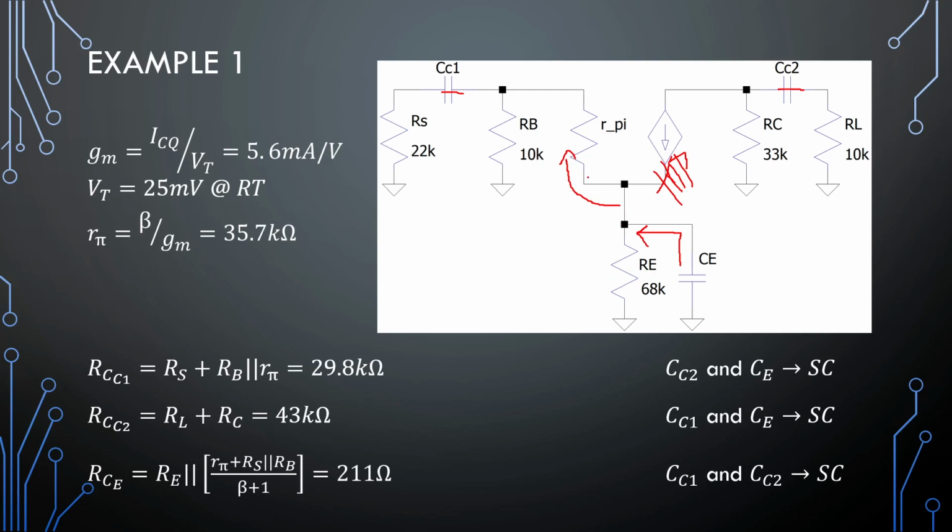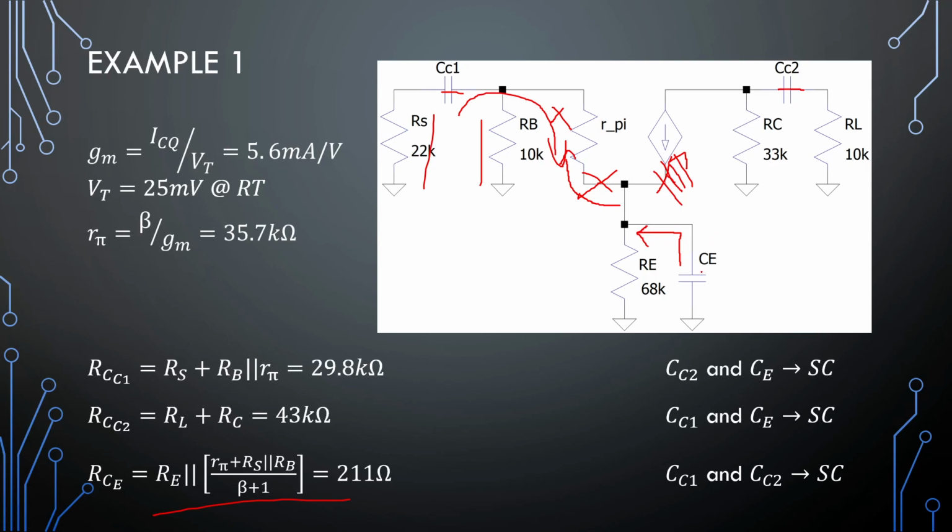And then on this side, continuing, it sees RS and RB in parallel with one another, plus R pi. But we are seeing this through the transistor backwards, so it should be divided by beta plus 1. So we have RS parallel to RB plus R pi, divided by beta plus 1, and all of that is in parallel with RE, like what we have down here.